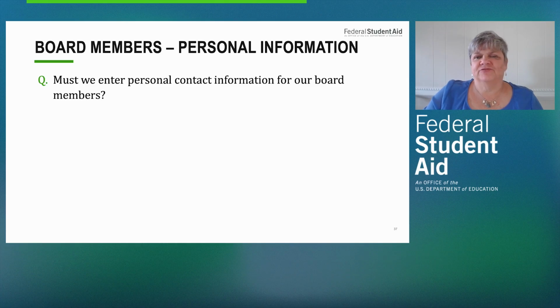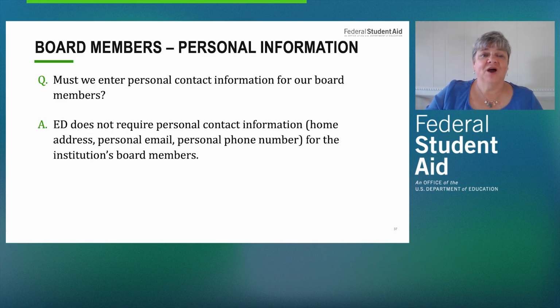Returning to the question of personal information. Must we enter personal contact information for our board members? And the answer is no. You will not be asked to enter personal contact information, such as the home address, personal email, or personal phone number, for the board members of your school.